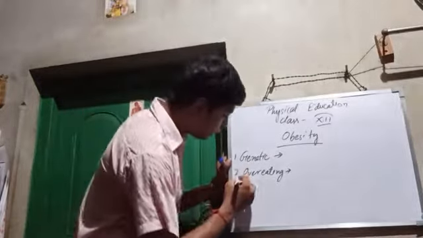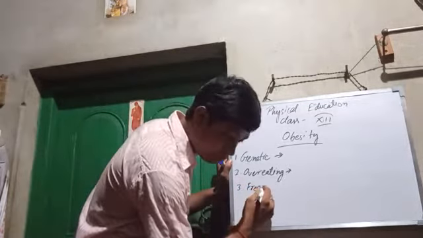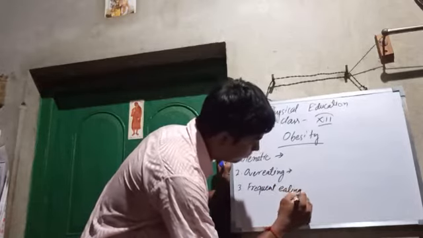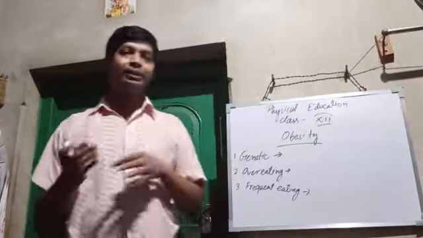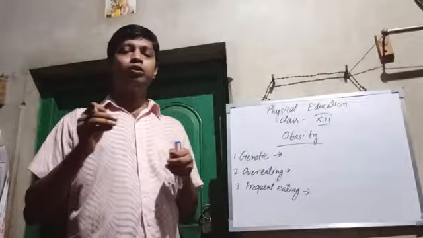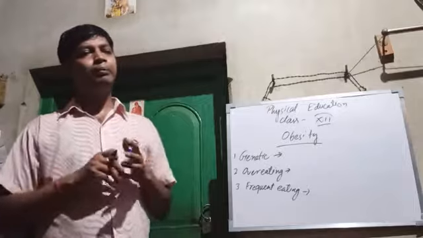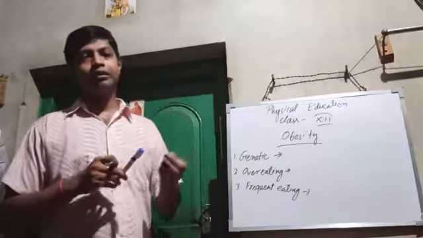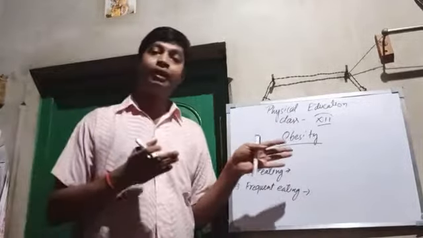Next, frequent eating. Sometimes you can see a person eating, and after 5 minutes he eats something else again. So frequent eating can create obesity.